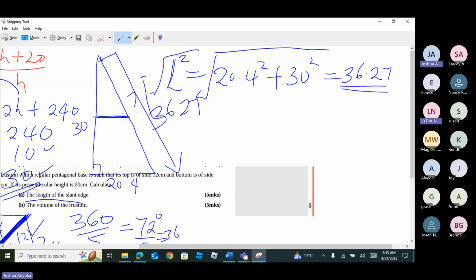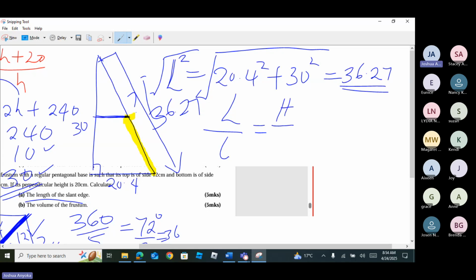But we don't want all of it. We want the one that I'm going to highlight here. We can use similarity and enlargement, where we say capital L over small l is equal to capital H over small h.